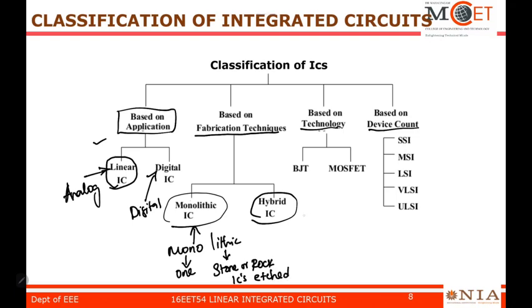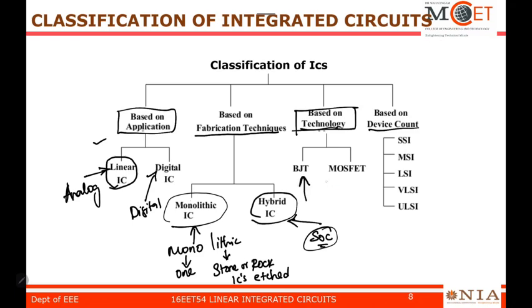This is monolithic. Hybrid is not only single; it is many monolithic ICs, or something like an SoC, where many different technologies and different chips form a single IC.